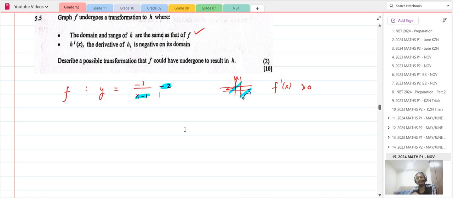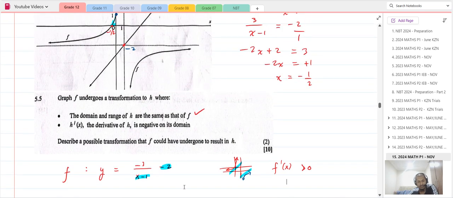If you reflect on the x-axis, can it be a reflection on the x-axis? Or y is equal to x?